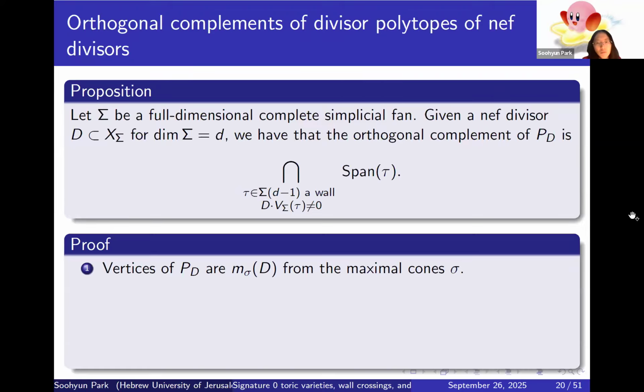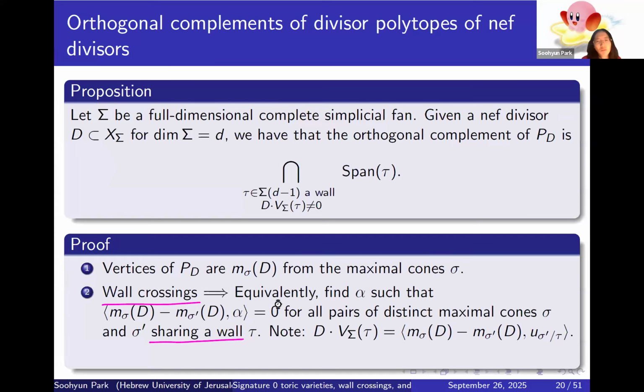And you can sort of guess this from looking at the vertices of the divisor polytope, because if some alpha, let's ignore the underlying things first, is orthogonal to any line between the vertices, it's orthogonal to the entire thing, and that's equivalent to being orthogonal to P_D.